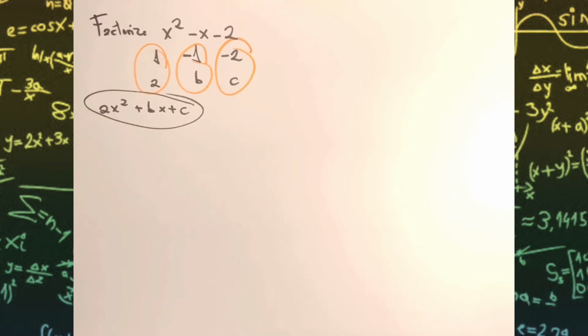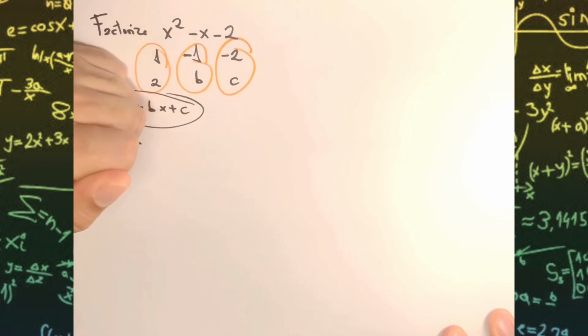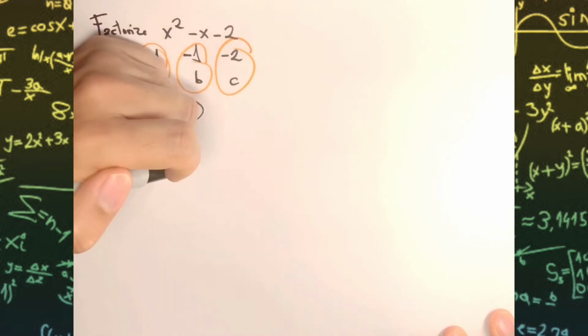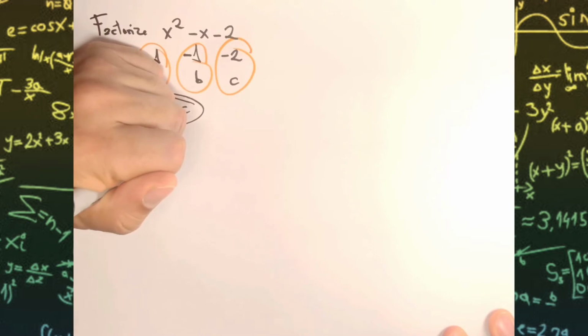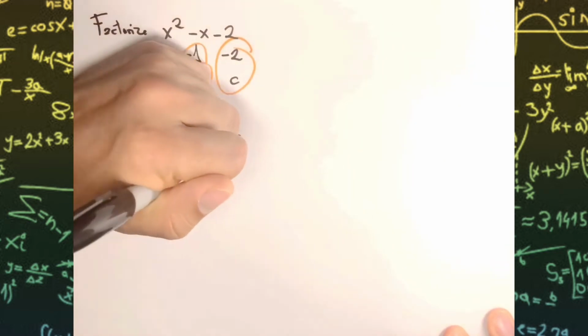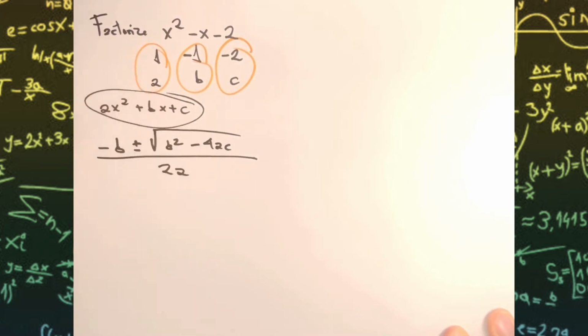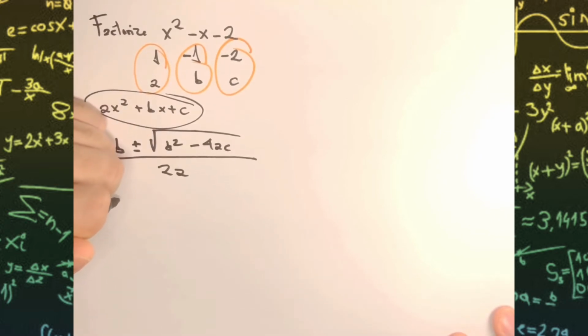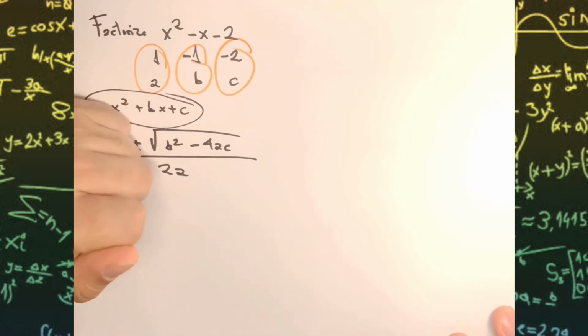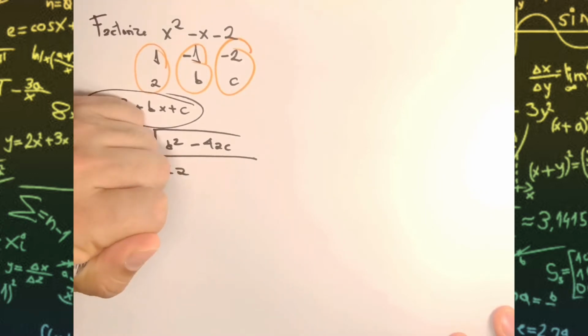And now we're going to use the quadratic formula, which is minus b plus minus square root of b squared minus 4ac over, or divided by, 2a. Now all we have to do is replace the coefficients that we have highlighted on top in the quadratic formula.